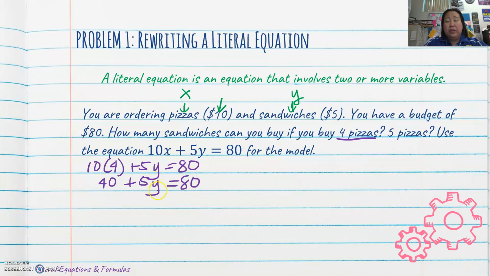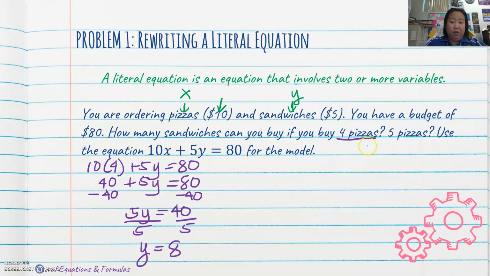We need to isolate y, so we subtract 40 on both sides, which gives us 5y equals 40. To isolate y, we divide by 5 on both sides, and so you will be able to buy 8 sandwiches if you got 4 pizzas, okay?